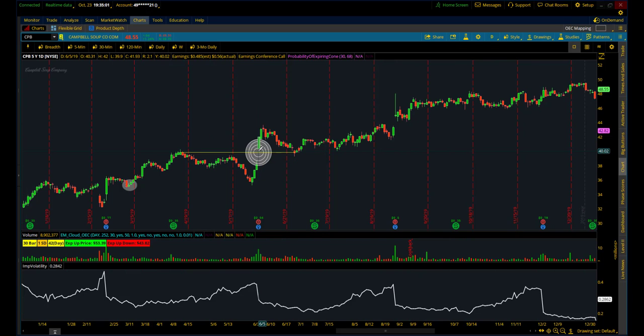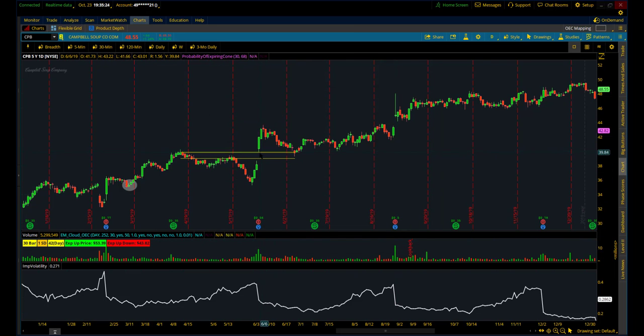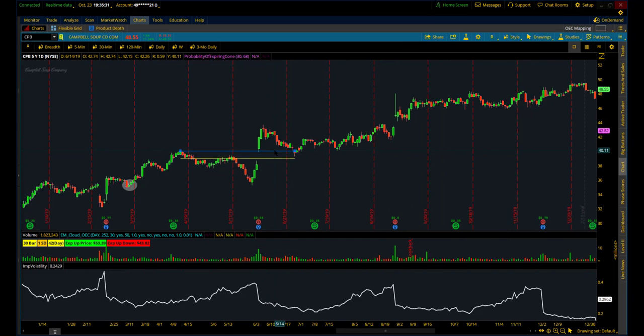And I have a room to be wrong, and we'll say the room to be wrong is around $1. So I can be $1 higher, I can be $1 lower, and as long as I'm within that range, then I will be in a profitable trade. So we'll go one direction to 39, and we'll go another direction to 41, and we'll look at what that window would be.